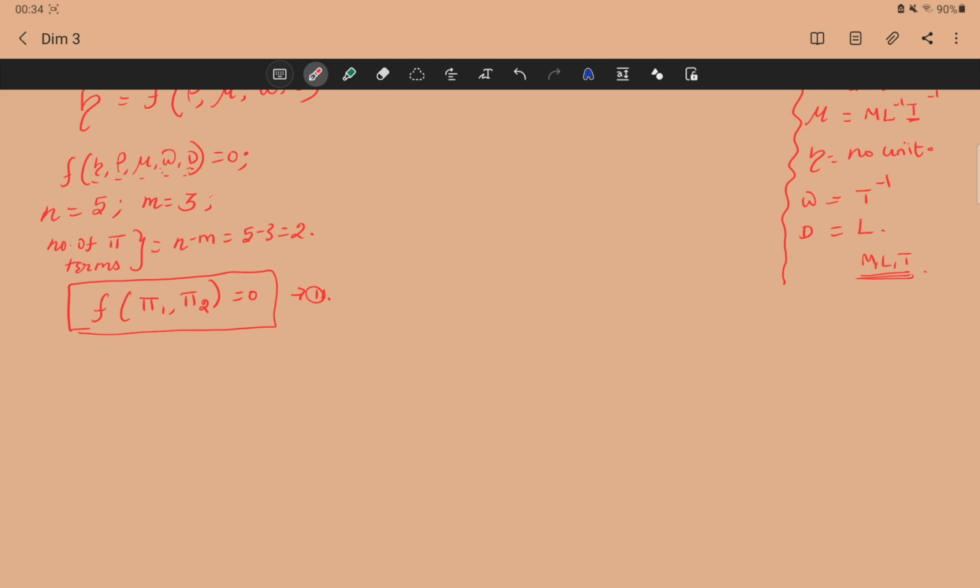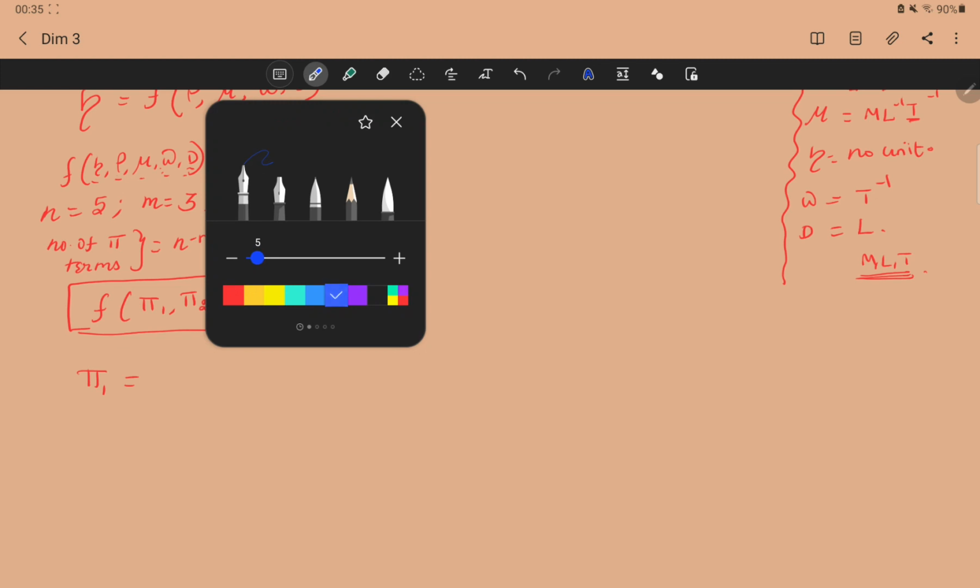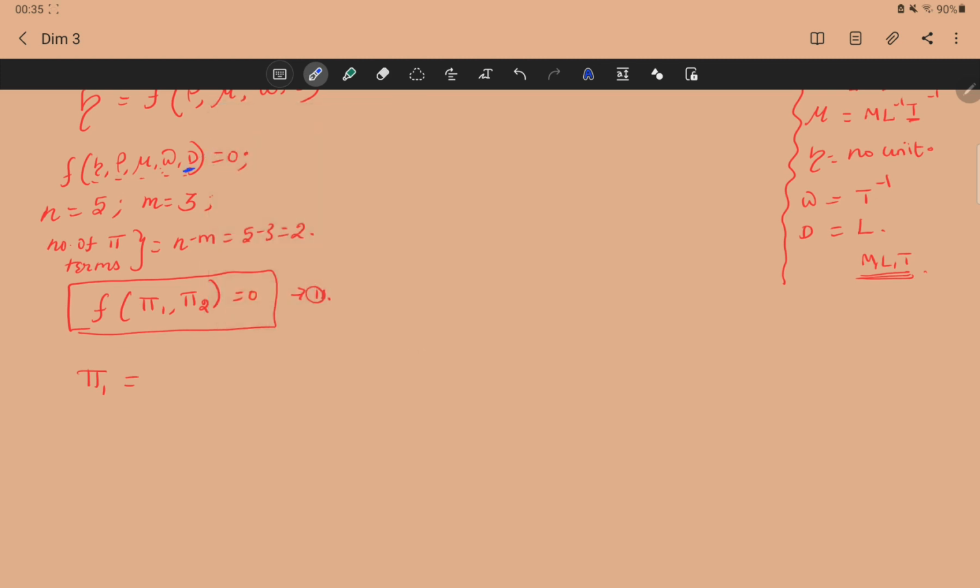I have given you an explanation of how to choose repeating and non-repeating variables. Just refer to that. So I'm going to write pi 1 with the repeating variables 1, 2 and 3.